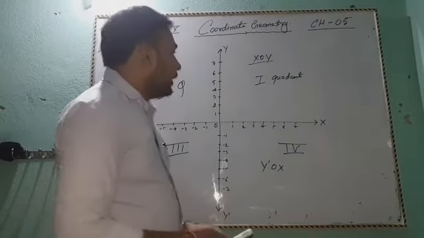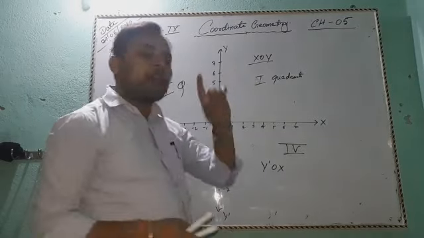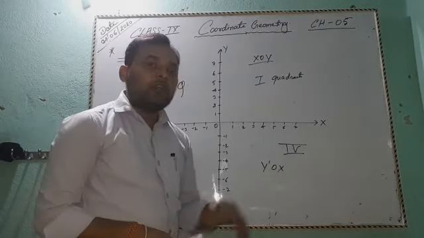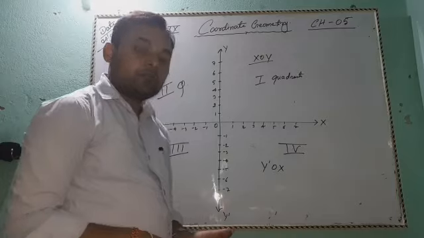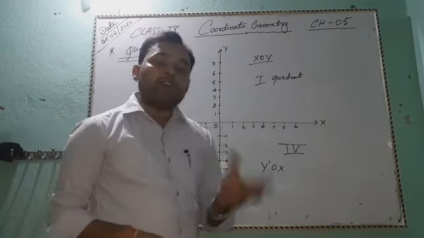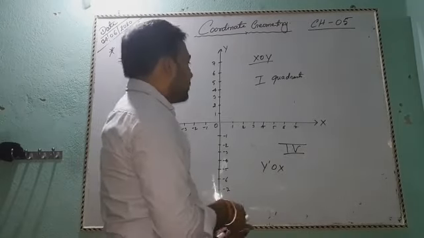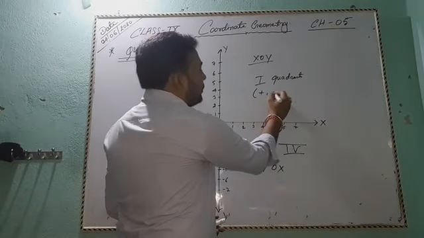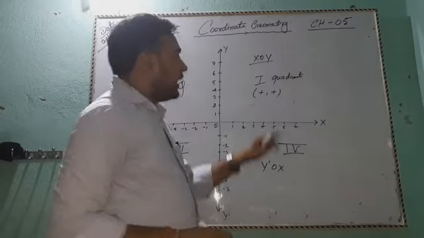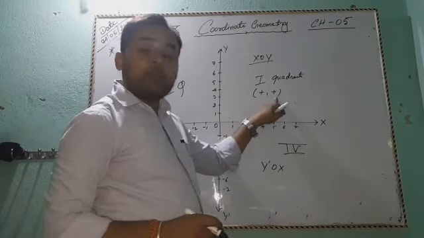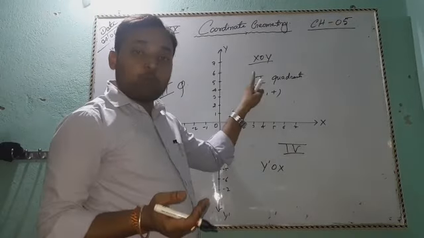If any point is present in the first quadrant, then the abscissa and the ordinate of that point are positive. The x coordinate is positive and the y coordinate is positive in the first quadrant.